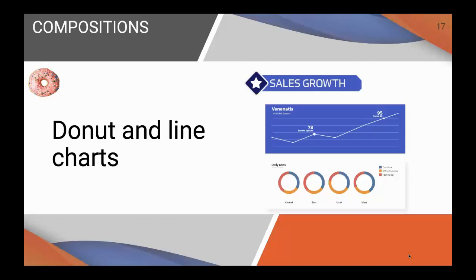There's going to be an example of a donut here, where you want to see an overview. For instance, you're going to have an overview of your turnover and how it is split. But you don't really want to compare it to other values. You want to look at what it is made of.